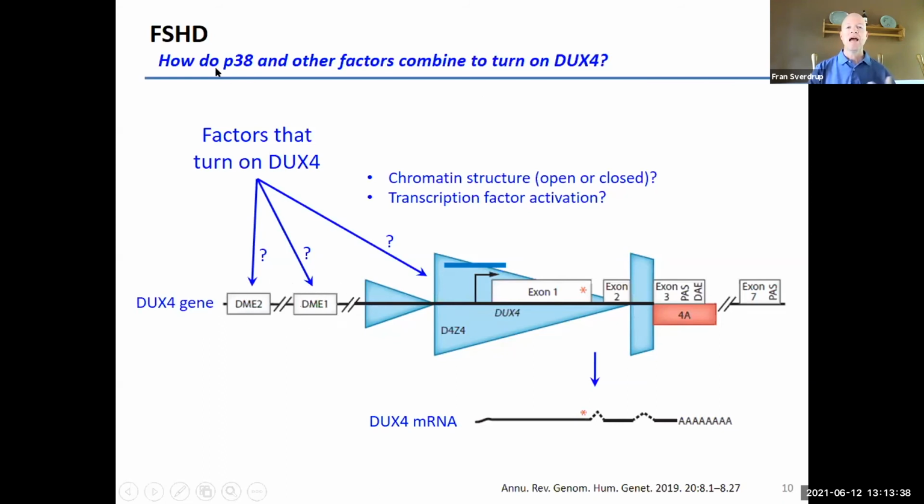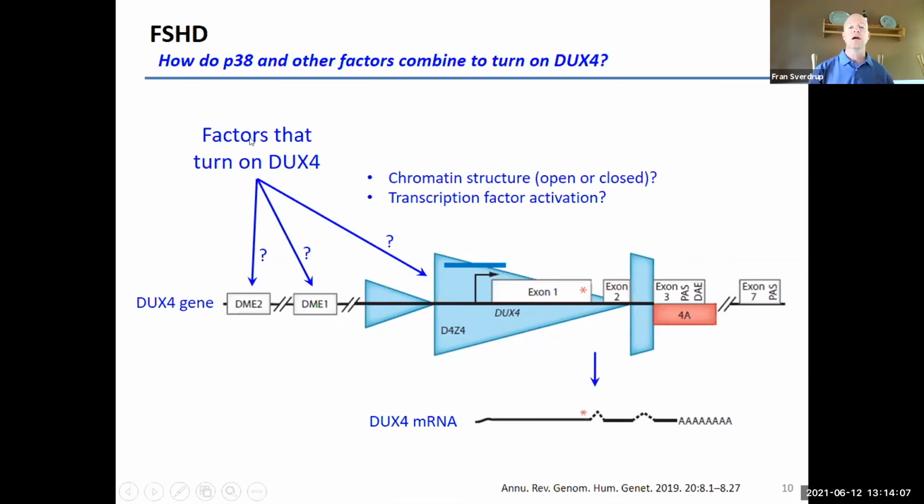But how do P38 and other factors combine to turn on DUX4 when the chromatin is partially decondensed, which is what we see in FSHD? And that's an area of study in my lab, and other people are looking at this also. But one thing we know P38 does, for example, is it turns on transcription factors, or these proteins that might bind up here and help turn on DUX4.